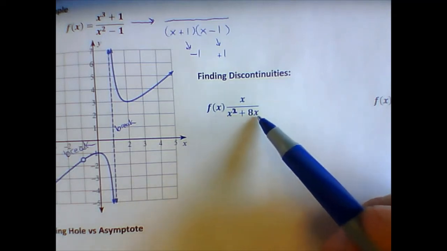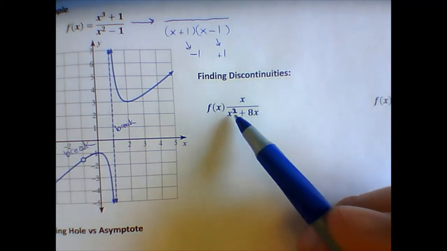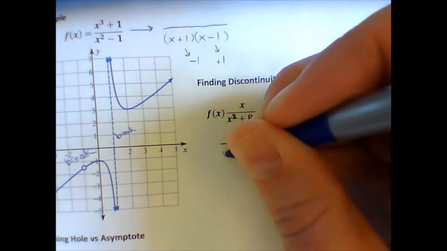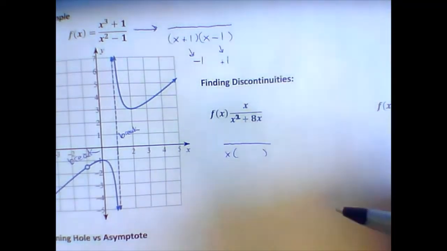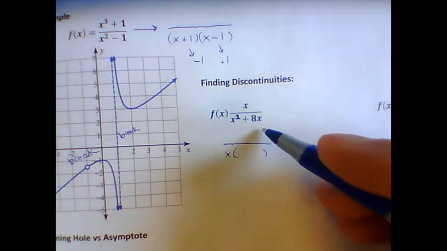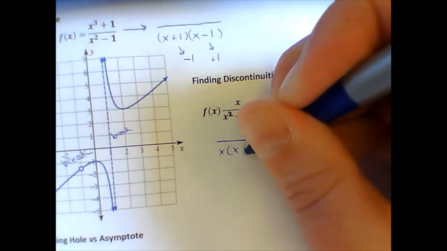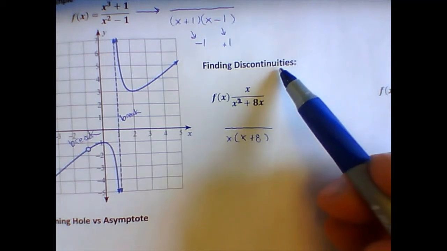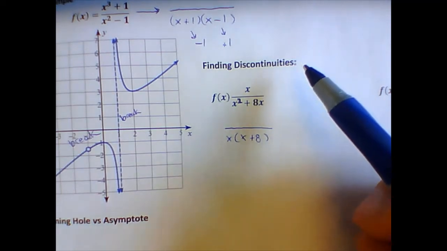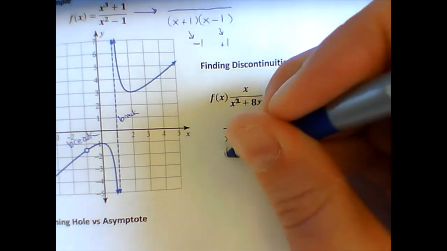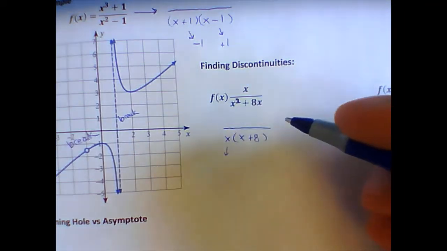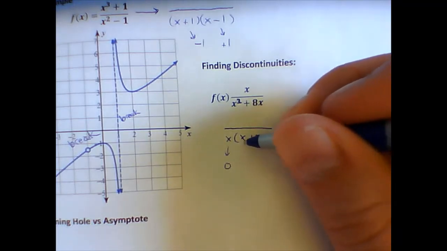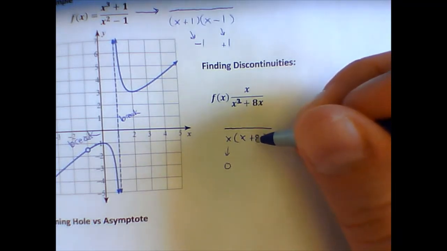So in the bottom here, we do have an x squared, but there's an x on both terms. That makes it a greatest common factor. We can pull it out, and when we pull out the x, that will leave behind x + 8. We're going to find the discontinuity, so look for the variables. There's a variable out here. He's a loner. Loners are the easy ones. That's just 0. The groups, that's where you have to cancel the entire group.